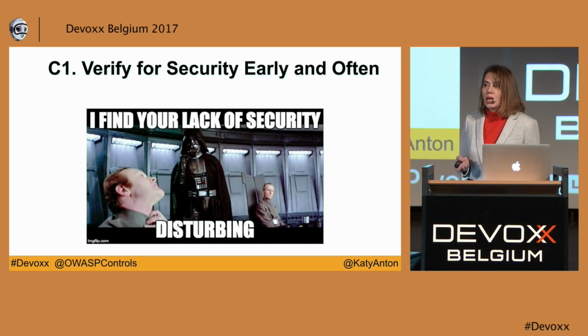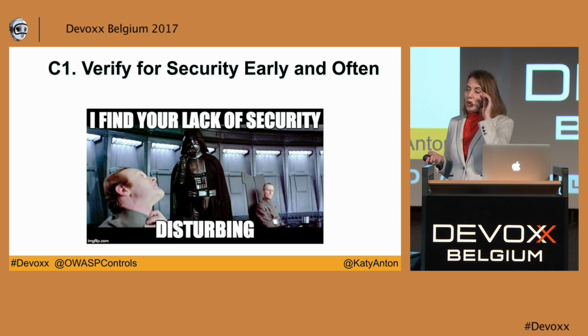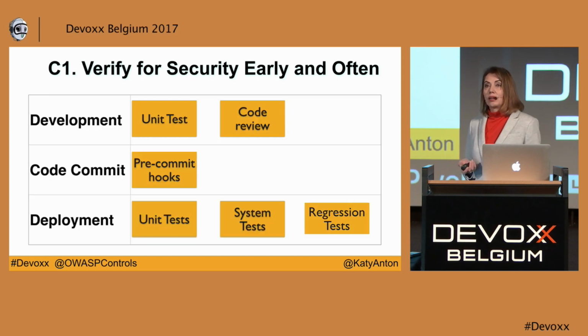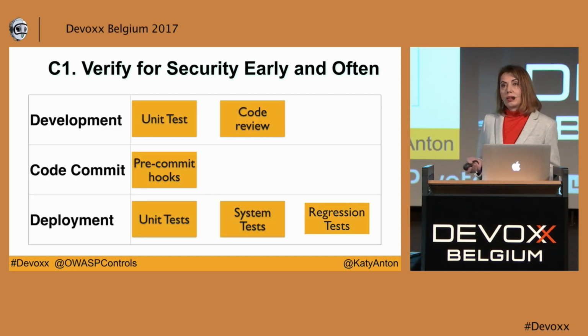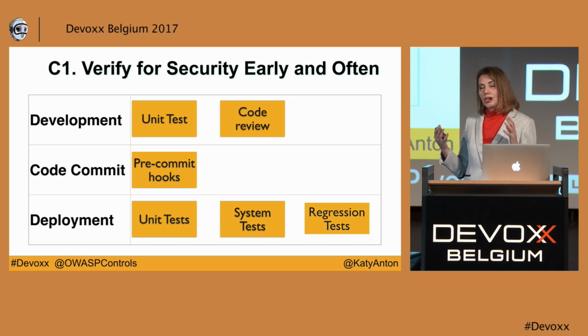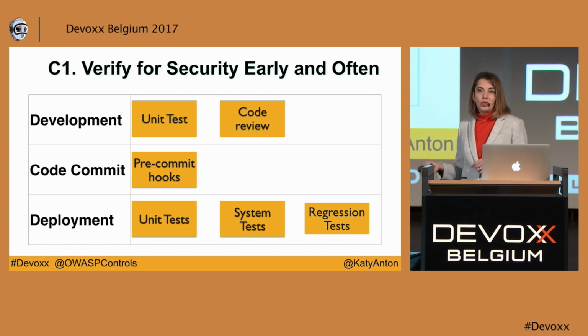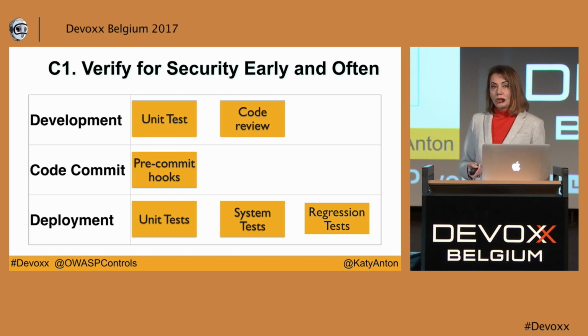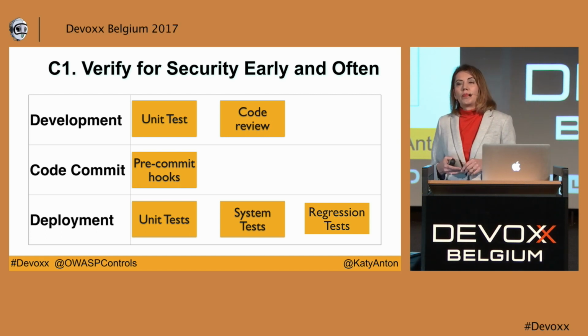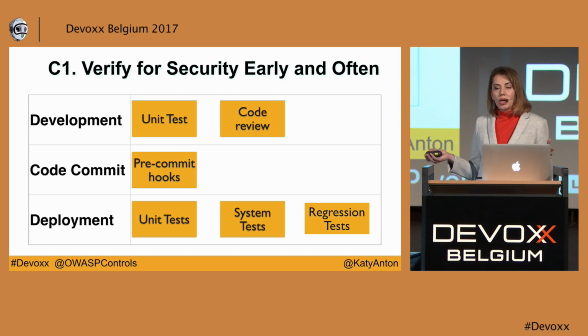And when we say verify for security early and often, we actually mean that we should verify throughout the entire software development cycle, from the moment during the development stage using unit tests and code review. Before committing the code into the repository, you can perform further checks using pre-commit hooks.